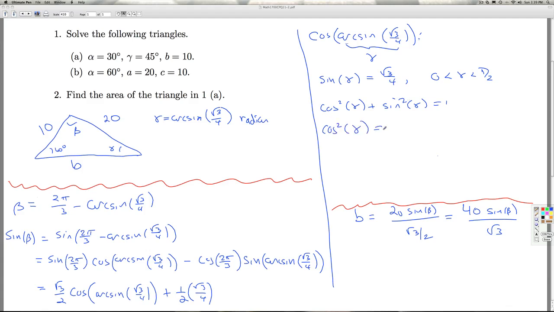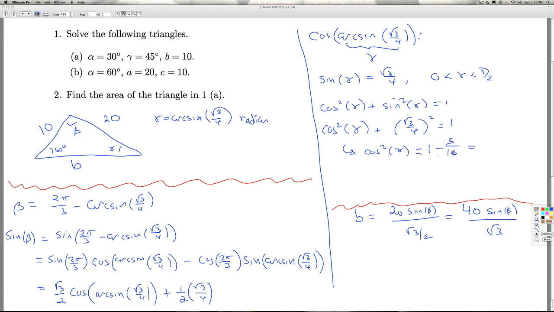And so cosine squared gamma plus sine squared gamma is 1. So that means cosine squared gamma is going to be, well, let's see, 1 minus, square that, you get 3, square that, you get 16.